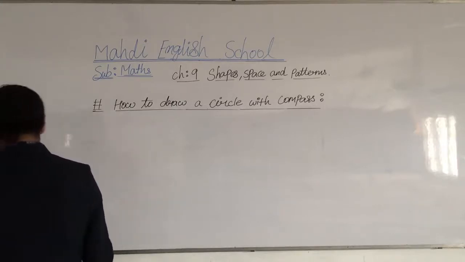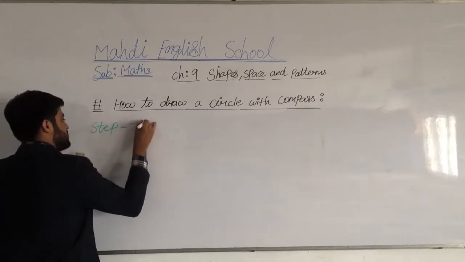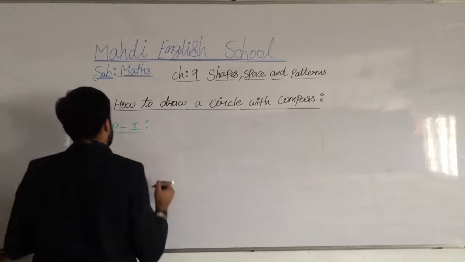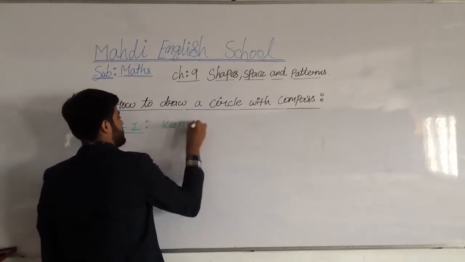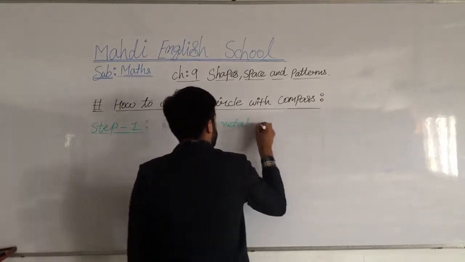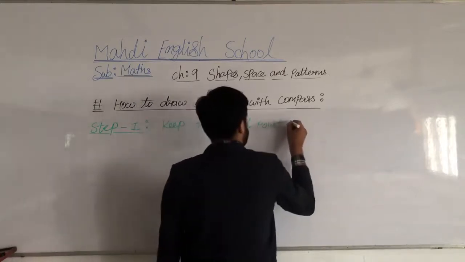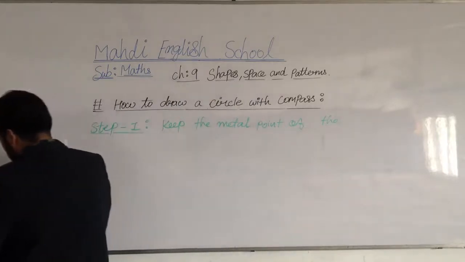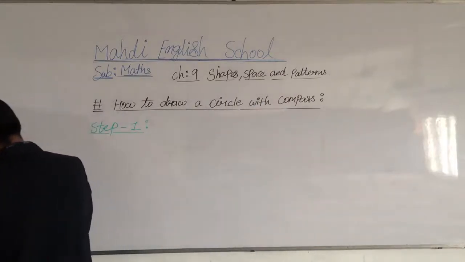First of all, step number 1. Keep the metal point of the compass fixed on the paper. By mistake this was not properly visible, so I am using this marker.